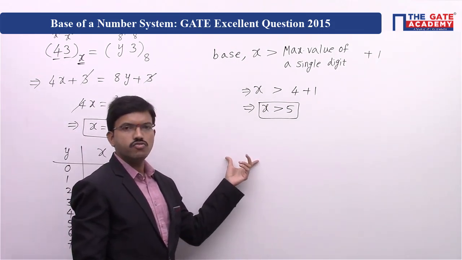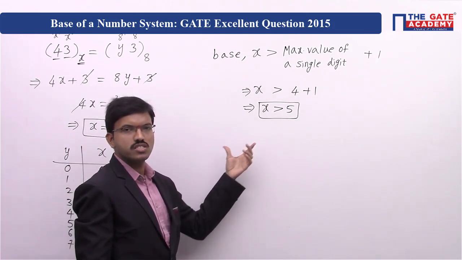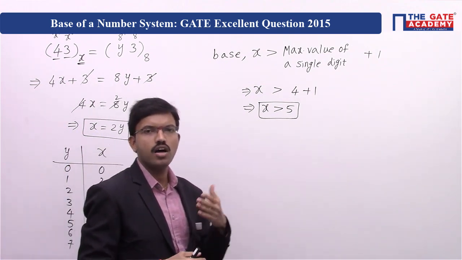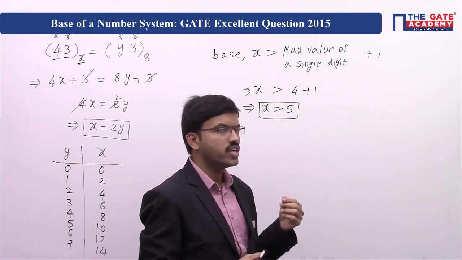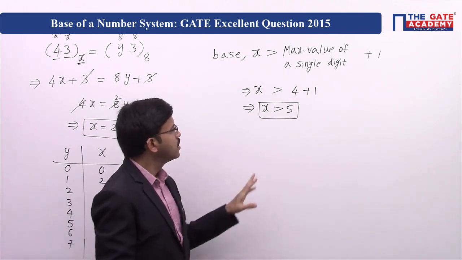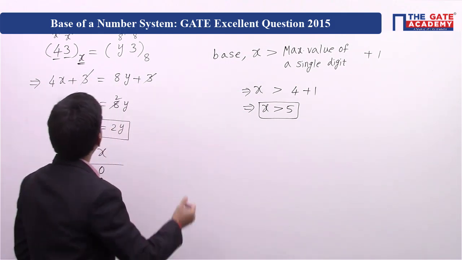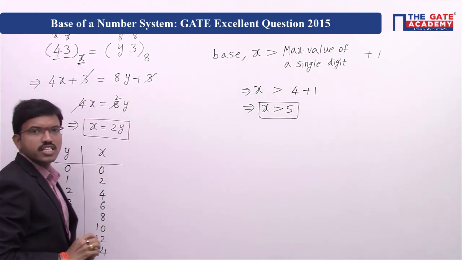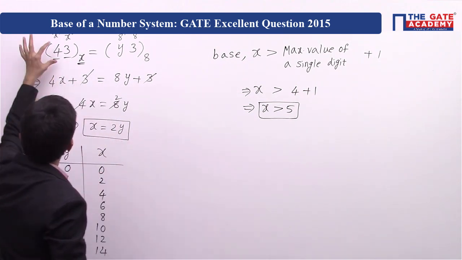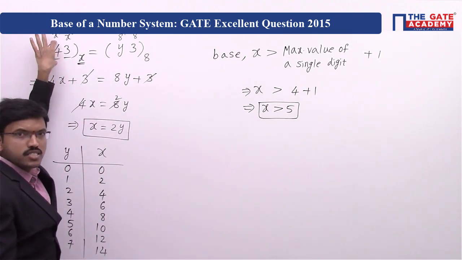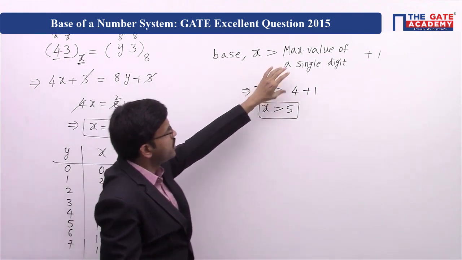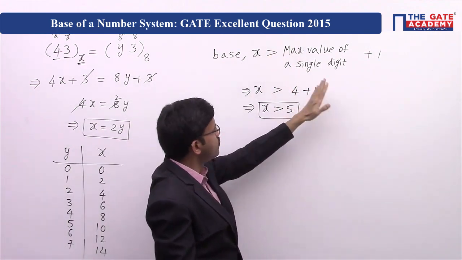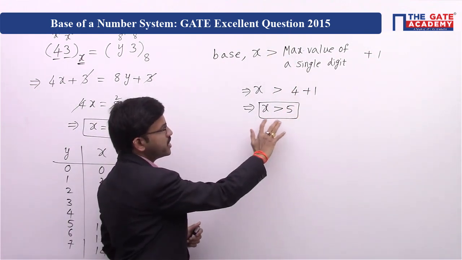So those digits 0 to 9 will be valid in all the number systems which have base value greater than or equal to 10. Similarly here, we have the digits 4 and 3. The maximum value of a digit is 4, so 4 plus 1 is 5. So x value should be greater than 5.